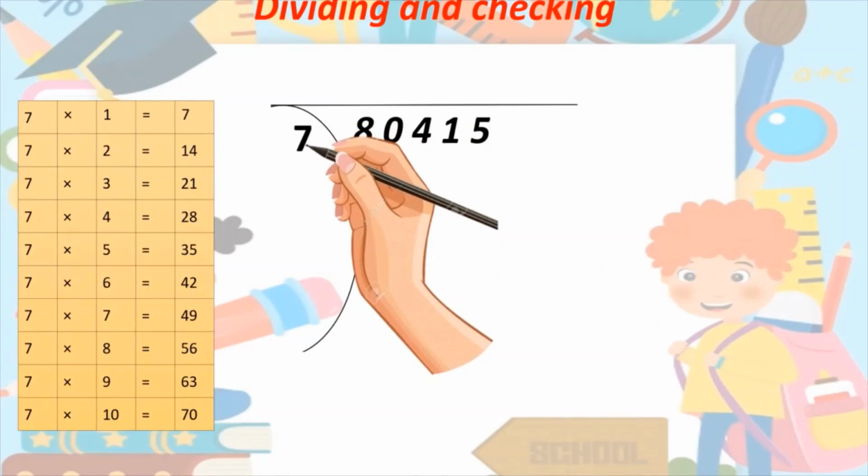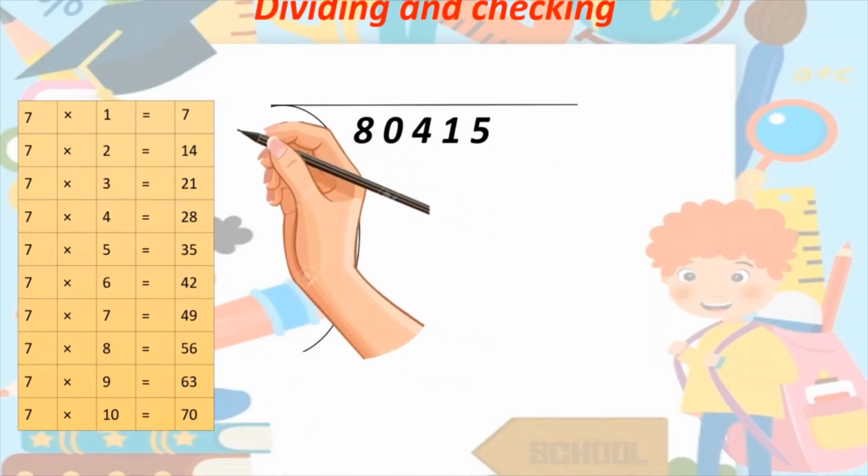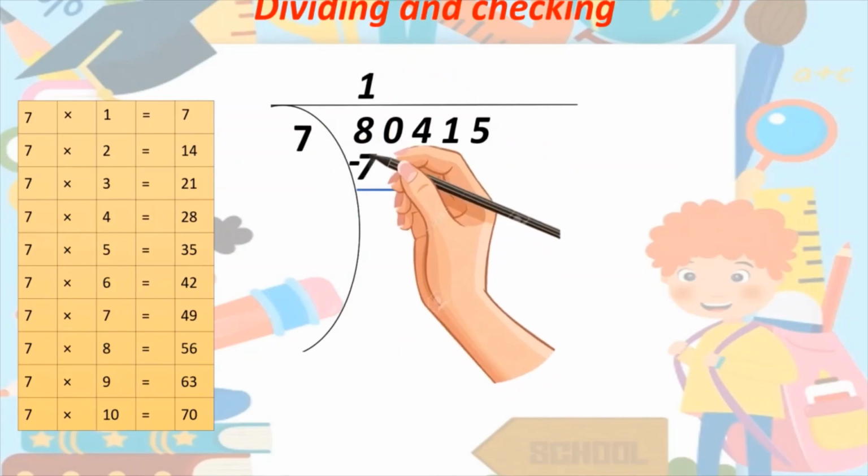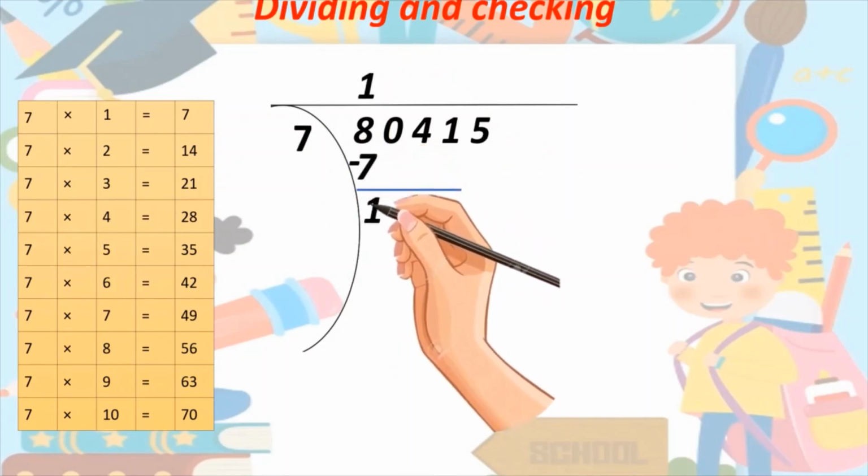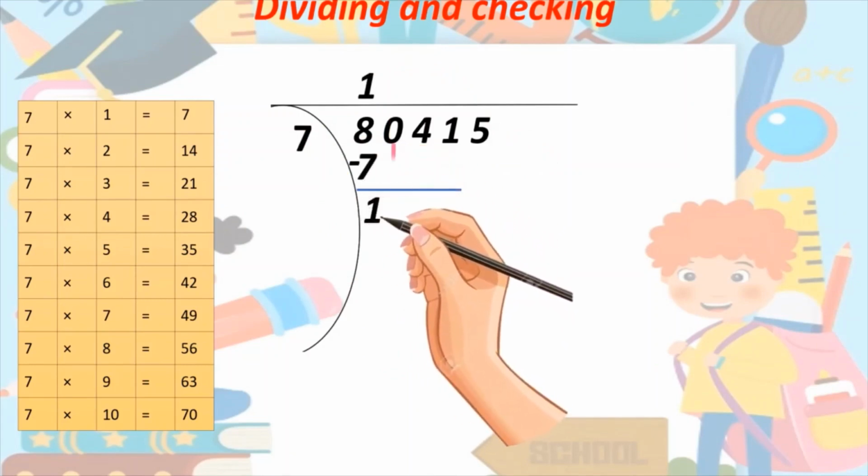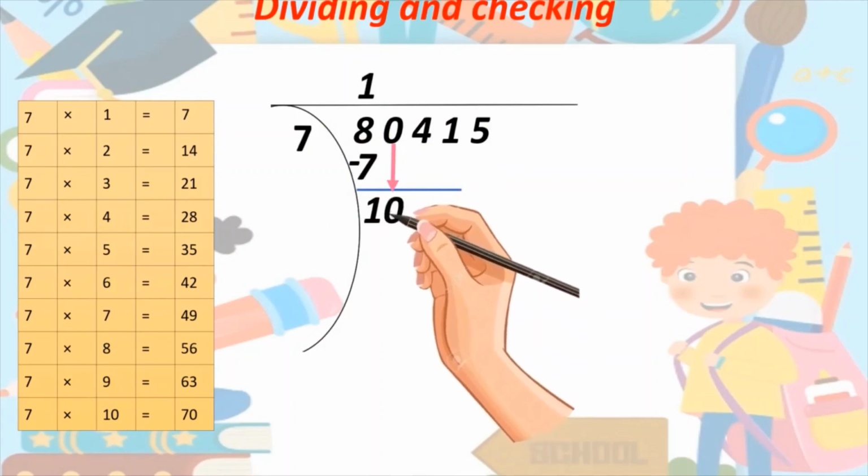The first digit of the dividend is greater than the divisor. So we can begin with the first digit itself. 7 ones are 7. The remainder is 1. Now we bring down the next digit and write it as 10. Look into the table of 7.